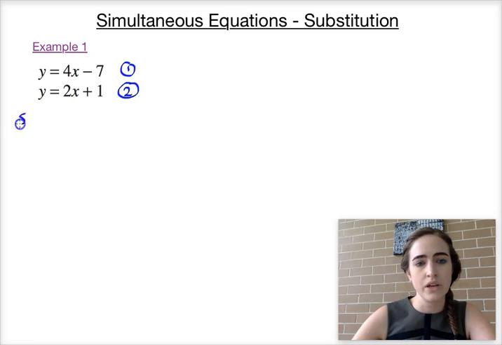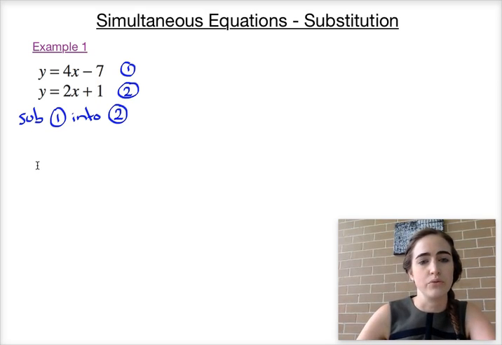For example, if we sub equation 1 into 2, you're always going to write down what you're doing so that whoever else looks at it knows, and so you keep track of what you're doing as well. We know that y is equal to 4x minus 7. If we substitute that into equation 2, instead of writing this y, we're going to write 4x minus 7. So we're going to have 4x minus 7 is equal to 2x plus 1.